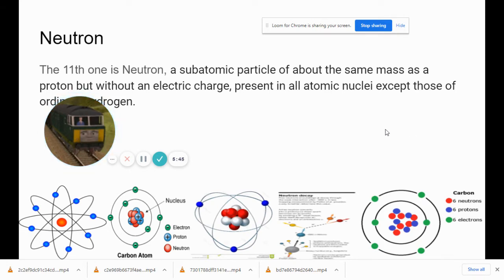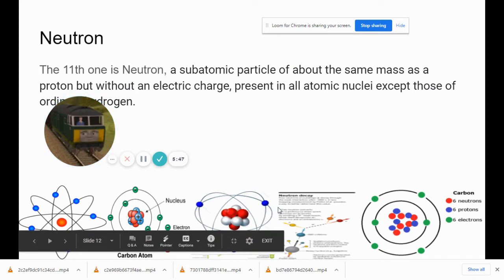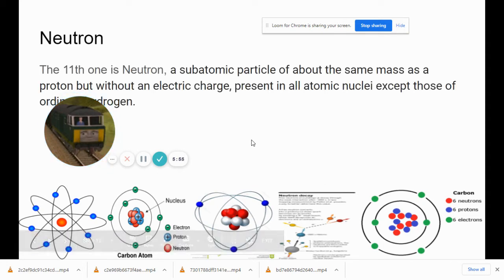This is a neutron decay, which you can read. You can look it up if you want to. This is what the neutron actually looks like, below the carbon. This is what it looks like in the middle. This is also what it looks like for the carbon atom, where the nucleus comes from the pluses and the red spots, which are protons, and the neutrons, and the electron is the minus.